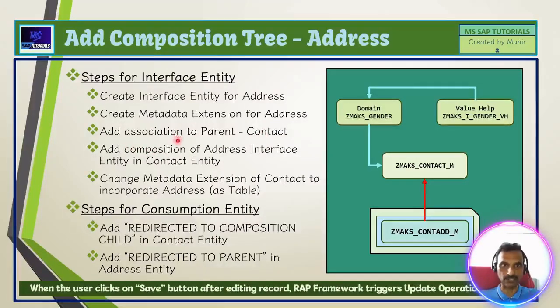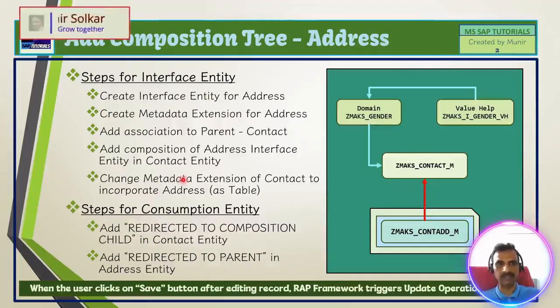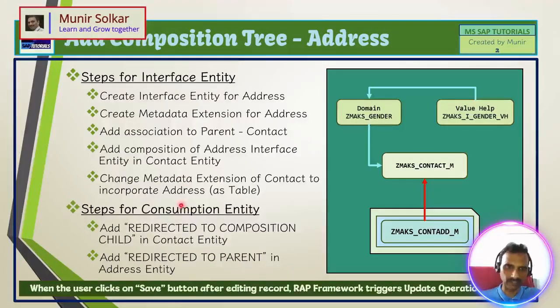Then add a composition of address into our contact entity and change the metadata of the contact entity to incorporate another facet as a table that we can show. Similarly, create a consumption entity for contact, and add redirected to composition child in the contact entity and redirected to parent in the address entity.